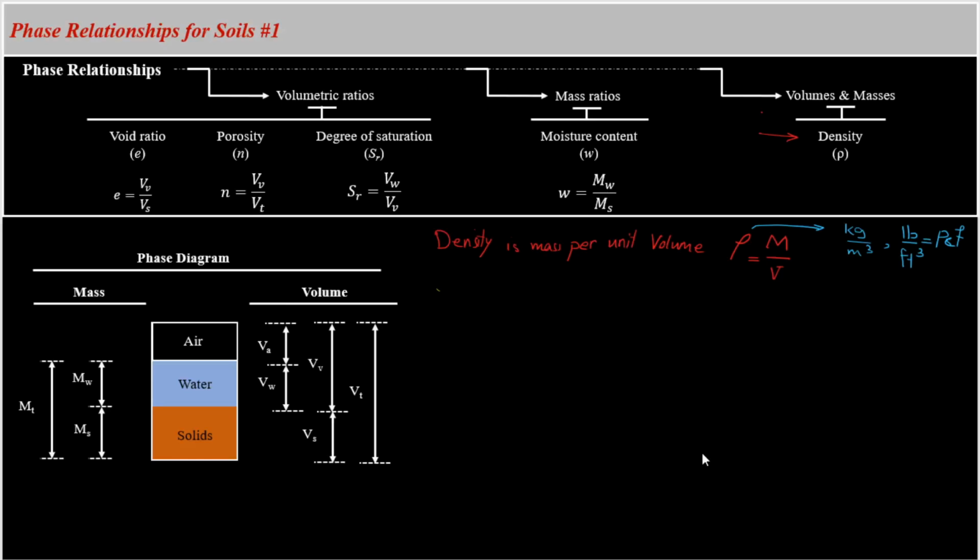In talking about densities of soils, there are a few densities that are very important to know and use in phase relationship problems. The first one is the saturated density.